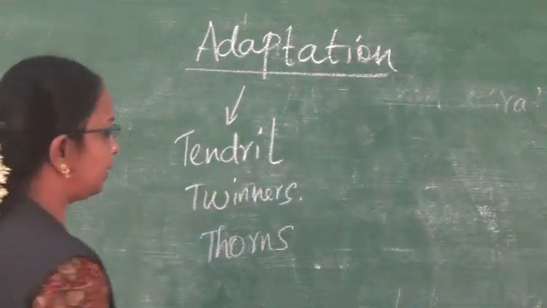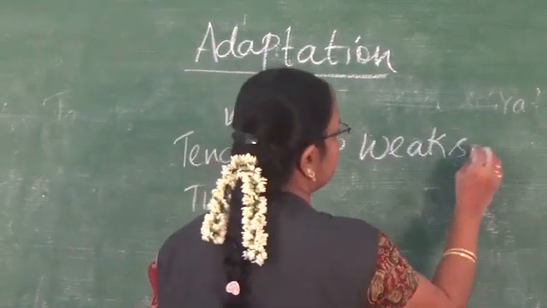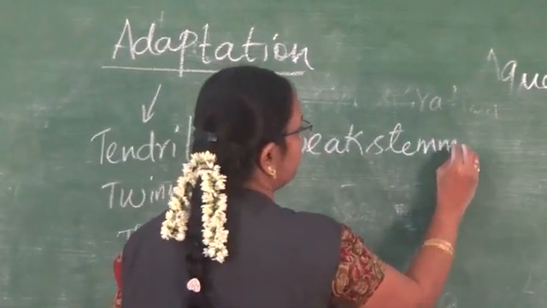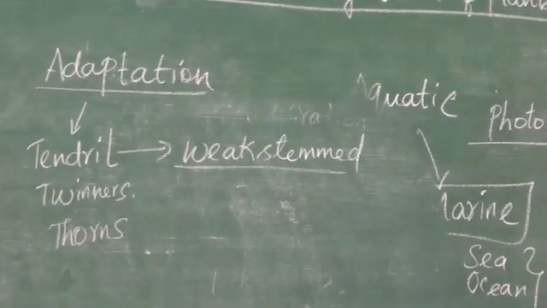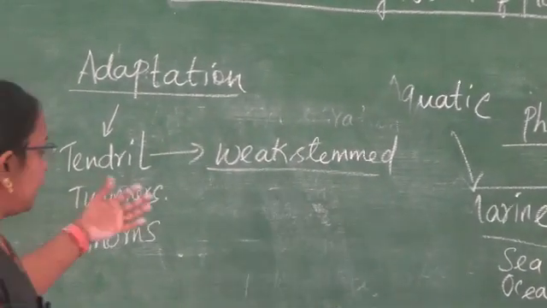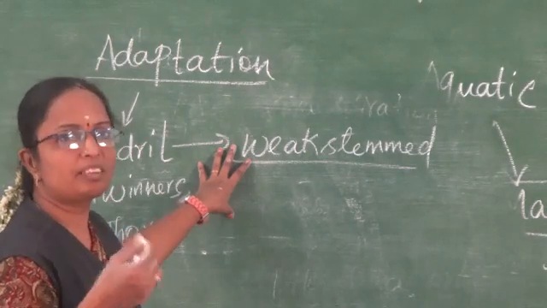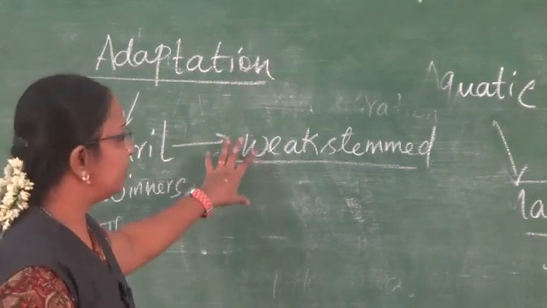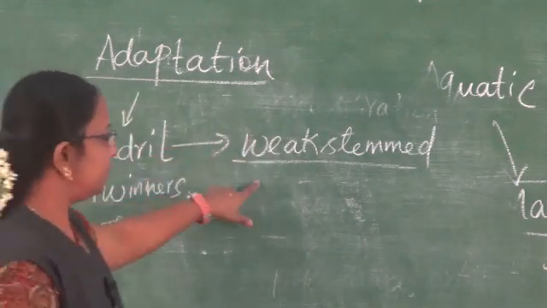When we talk about the tendril, they are known as weak stemmed plants. They cannot stand straight, so they need some support to live their life. So these plants are known as tendril and weak stemmed plants.